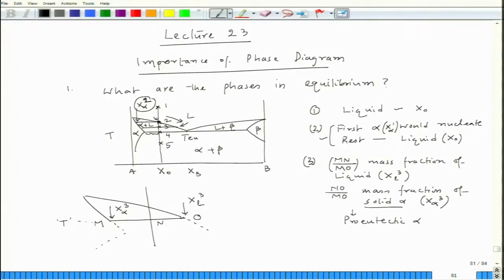If we consider the eutectoid reaction, where a solid transforms into two new solids at a particular temperature and a particular composition, before we achieve the eutectoid temperature, the phases which appear are called pro-eutectoid phases.